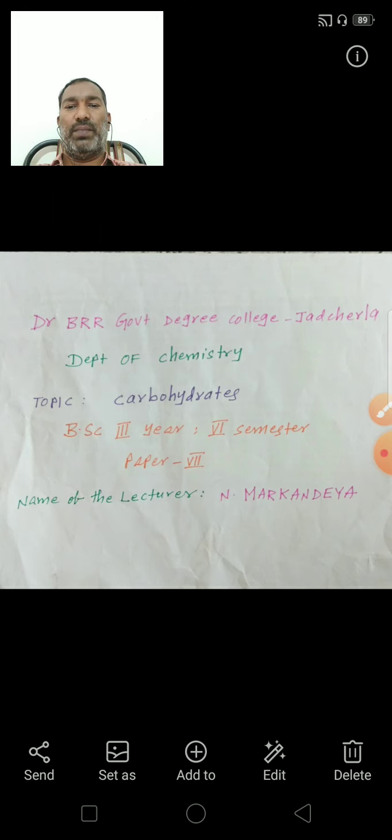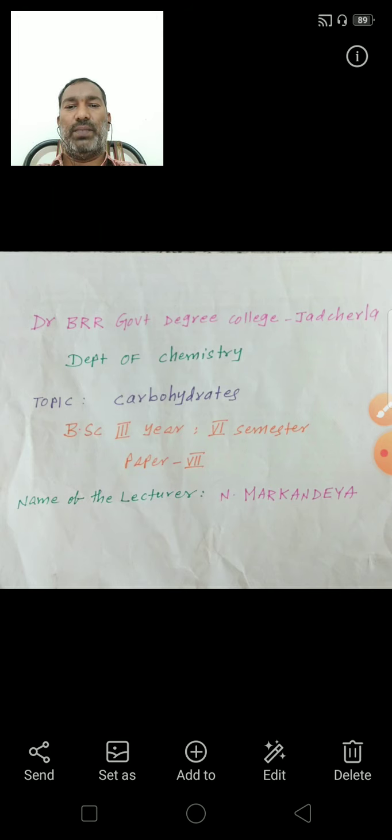This reaction indicates the 6 carbon atoms of glucose are in a straight chain. Next, formation of cyanohydrin. Glucose combines with 1 mole of hydrogen cyanide and forms cyanohydrin. This indicates the presence of a carbonyl group in glucose.